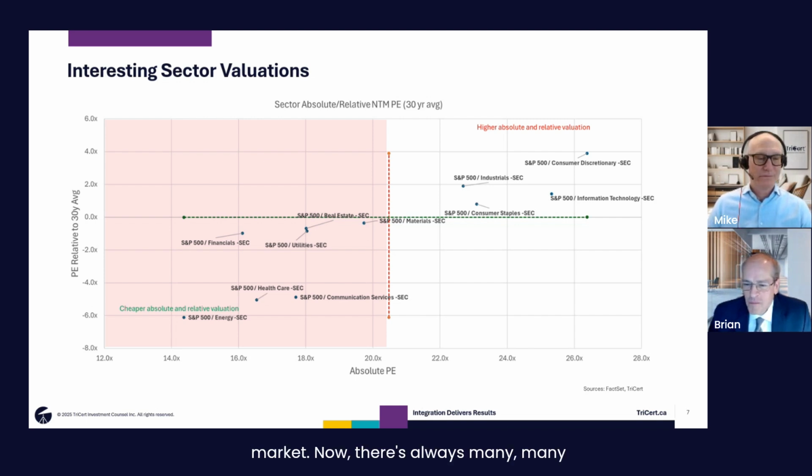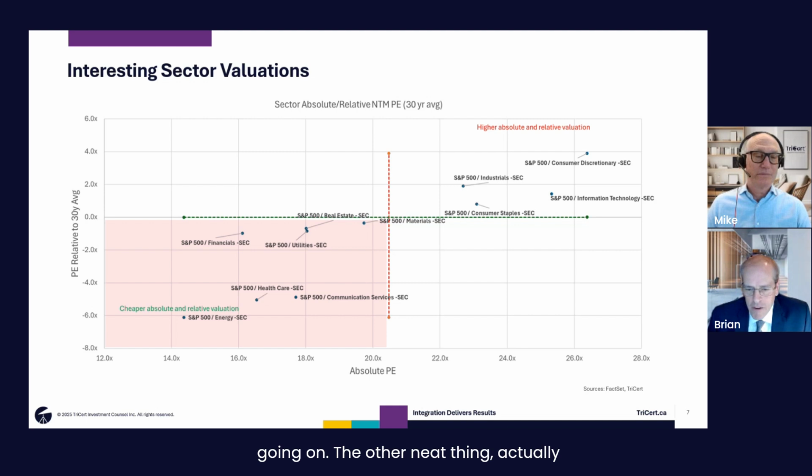Now, there's always many different reasons why stocks trade cheaper than the market, but at least that tells you that there's quite a number of sectors, 6 or 7 of them, depending on the day, that are actually trading cheaper, and in some cases materially cheaper than the market. So that tells you, as bottom-up fundamental stock pickers, you can actually go find some bargains in some of these sectors. Even though the headline number seems like it's elevated, there's a lot of things under the hood going on.